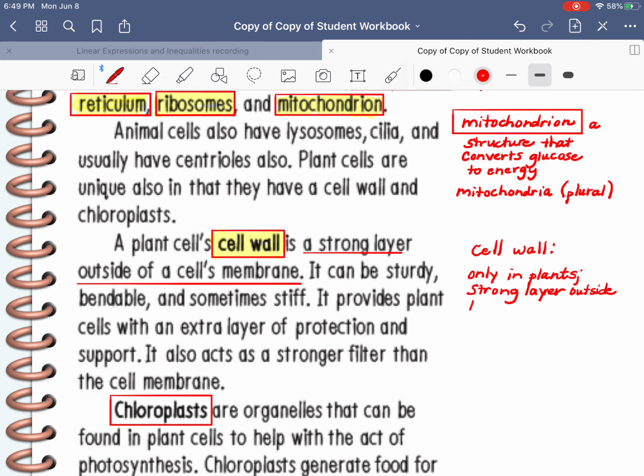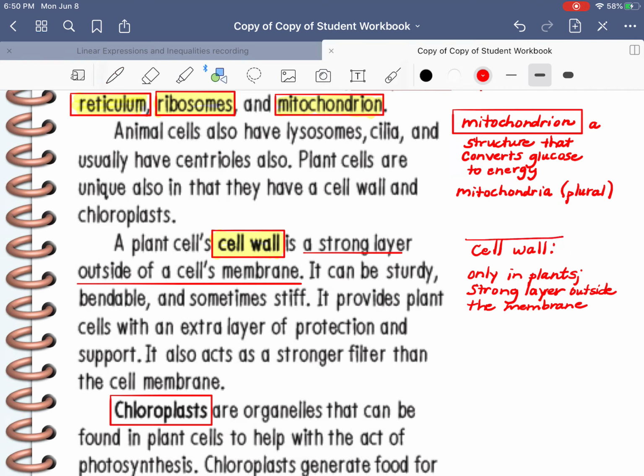And we'll look at the picture. It can be sturdy, bendable, and sometimes stiff. It provides plant cells with an extra layer of protection and support. It also acts as a stronger filter than the cell membrane.